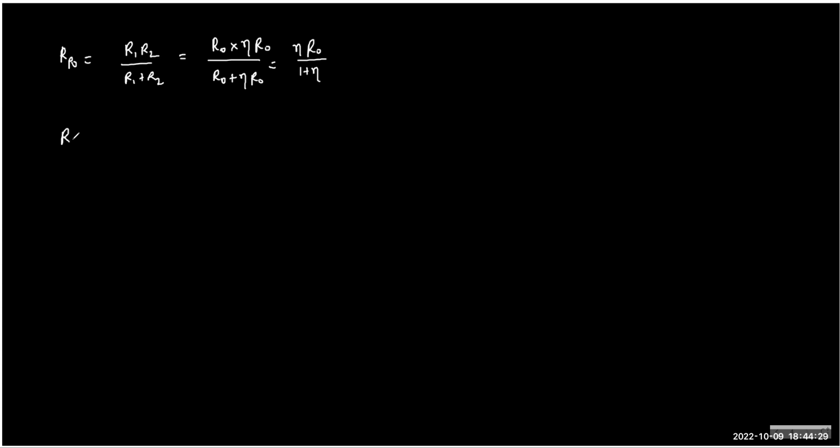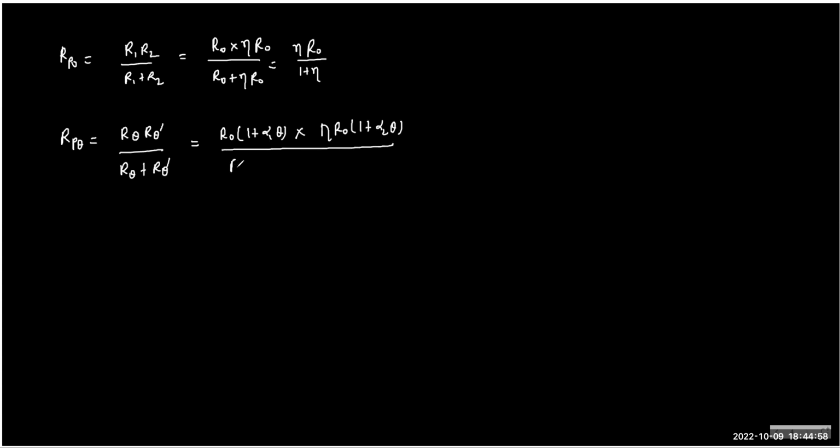Now write the formula. So RP theta equals R theta dash, R theta, like this, correct? And the formula is R naught 1 plus alpha 1 theta into eta R naught 1 plus alpha 2 theta, whole upon R naught plus eta R naught, correct?